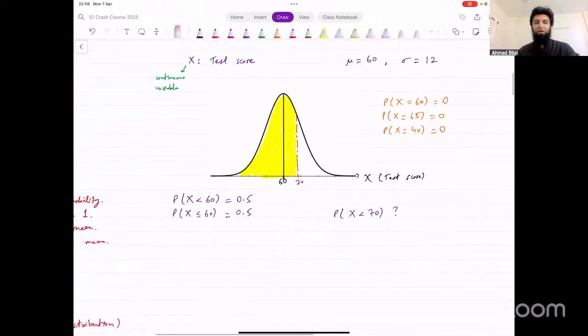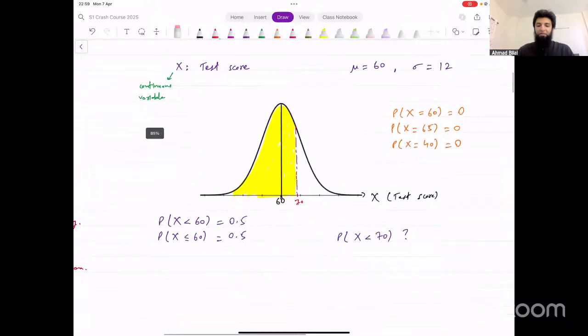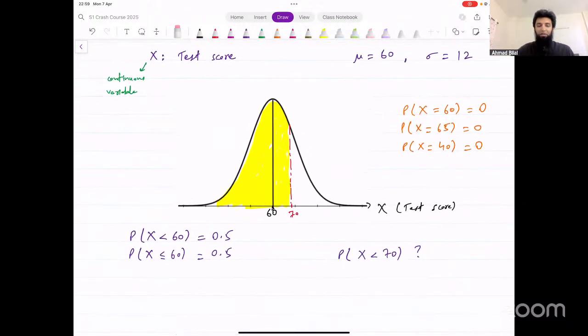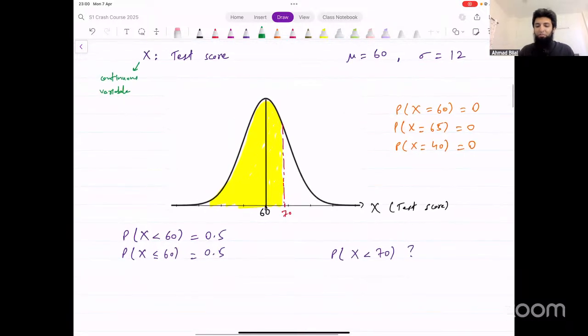For that, we looked at this example where we said, if you take a test in some class, and let's say there are 100 students, and you write down their test scores and collect data about the test scores. If it follows normal distribution, let's suppose the mean turns out to be 60, standard deviation turns out to be 12.